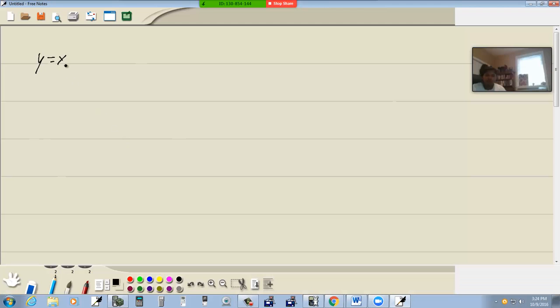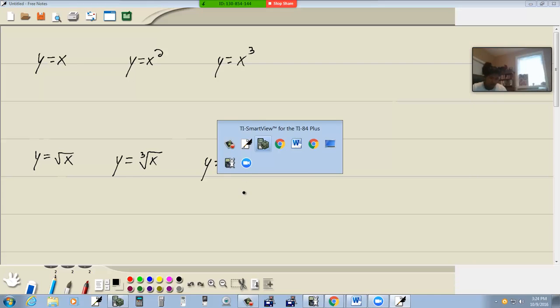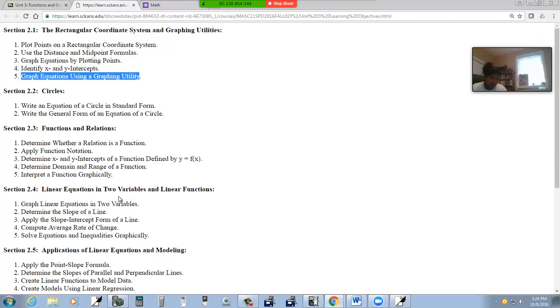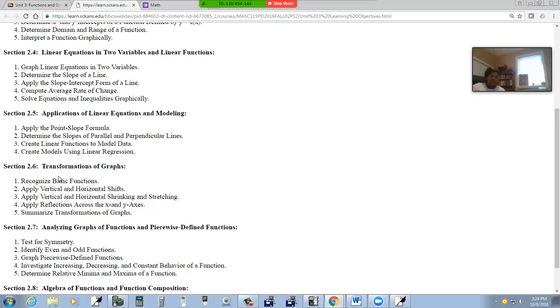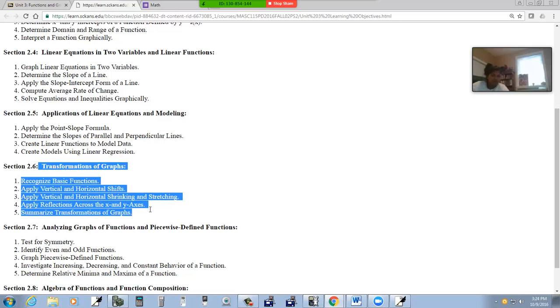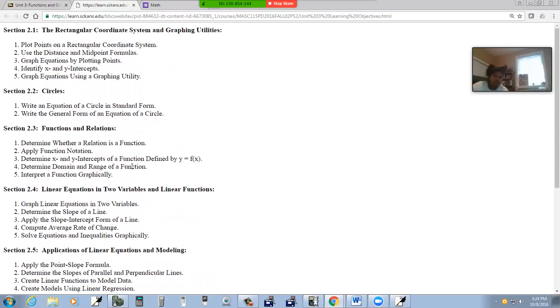So I'm going to look at y equals x, y equals x squared, y equals x to the third, y equals square root of x, y equals cube root of x, and y equals absolute value of x. Now after we look at these graphs, I'm going to skip down to section 2.6 and talk about transformations of graphs, because it goes hand in hand with these basic graphs I'm just looking at.